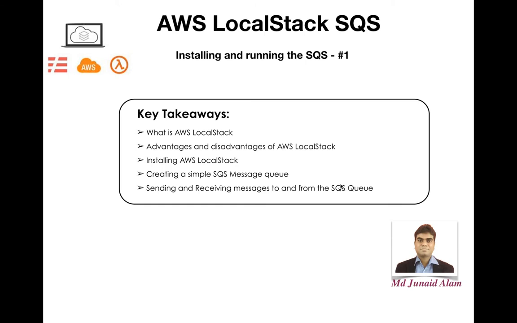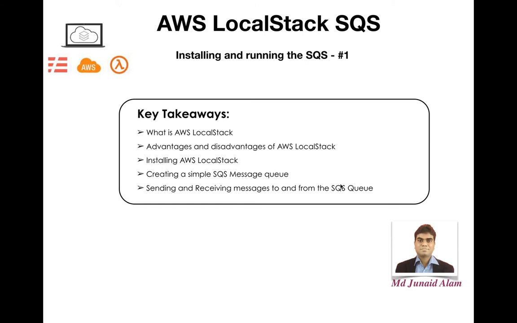You can pull it from GitHub and run it locally, and you can even use the AWS CLI just like you use it on an actual AWS cloud. So this is very helpful for developers and architects who want to test the services before actually doing the implementation.